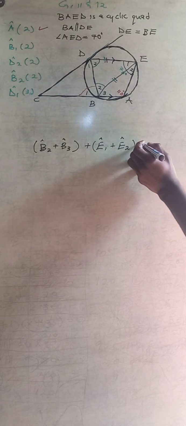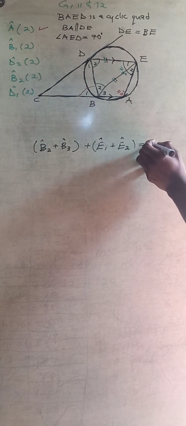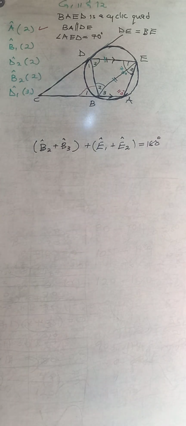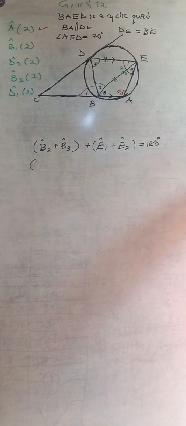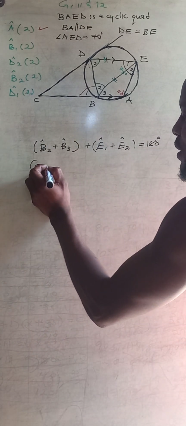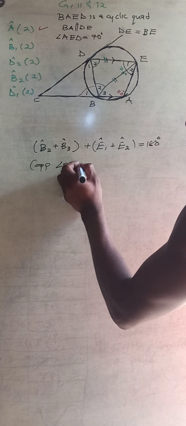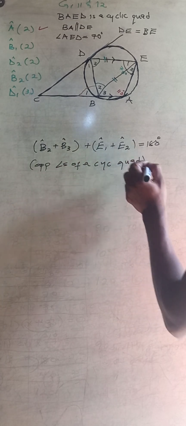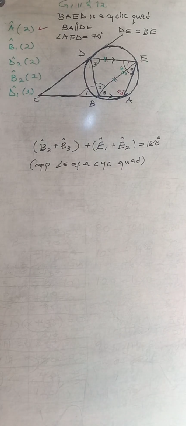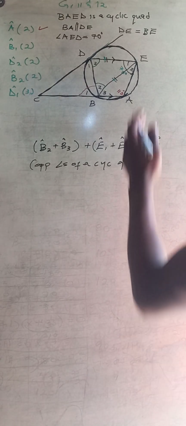Okay, so these two will give us 180 degrees. What is the reason? The reason is that opposite angles of a cyclic quadrilateral are supplementary, right?